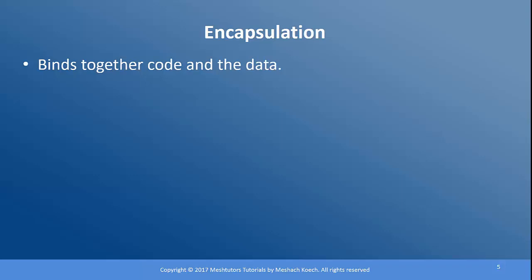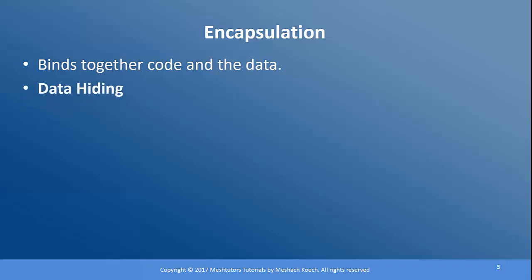One way to think about encapsulation is as a protective wrapper that prevents the code and data from being accessed by other code defined outside the wrapper. Access to the code and data inside the wrapper is tightly controlled through a well-defined interface.